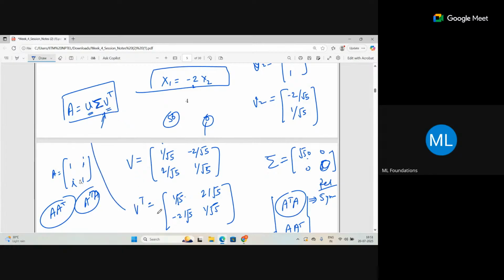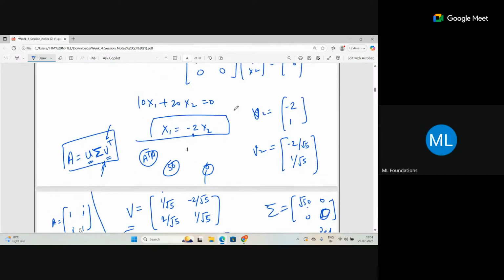We have found out the eigenvectors of A transpose A, and we have arranged them into the columns, right? Correct. And when we say eigenvectors of A transpose A, they have to be normalized. So these are the normalized eigenvectors of A transpose A, and then we got this matrix V. We did its transpose, and this transpose is going to be the same as this.